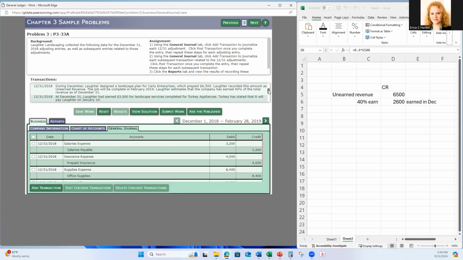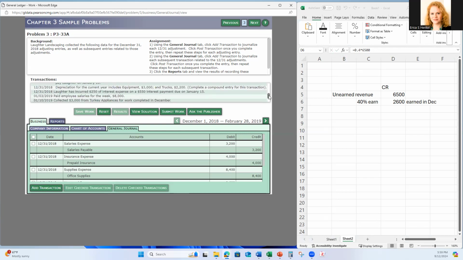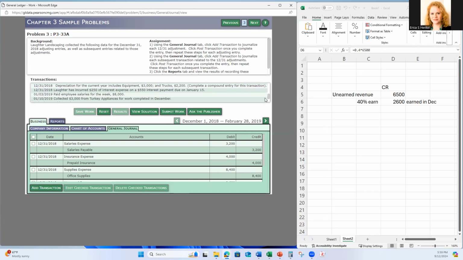All right, so the next thing we're going to do here, we need to record our depreciation for that period. So depreciation, remember, is how we take a slice of our long-term asset that we've used up during the year, and we record an expense.